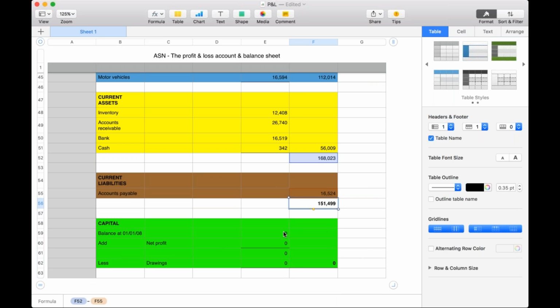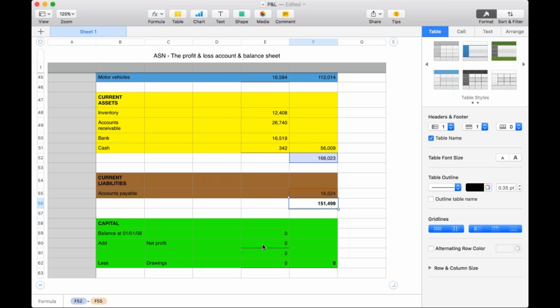So the remaining section of the balance sheet is the capital account, which we know has to balance, because this is everything the business has created, if you like, and this is everything that's been created for the business by the owner. It's going to take account of the capital account balance that the owner had. It's going to take account of the profit that we made earlier on in our profit and loss account, and it's going to take account of drawings that the business owner has taken out as well.